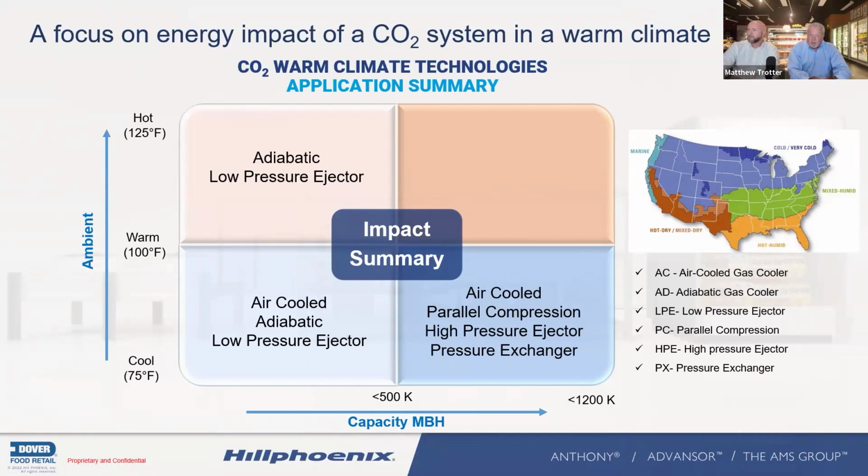It opens up the door for parallel compression, or a high pressure ejector with parallel compression. Or do you look at a pressure exchanger? And when you get into a larger rack system as well as hotter weather, maybe it's a combination, maybe adiabatic with a high pressure ejector. How do we look at the right technology and apply it based on our location, our operation, and our ambient condition?